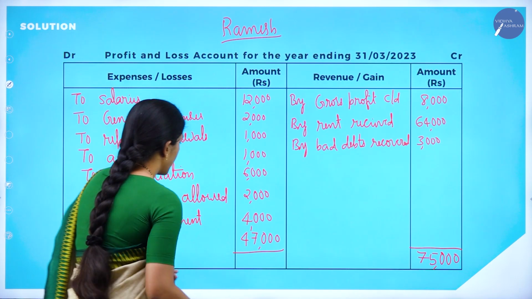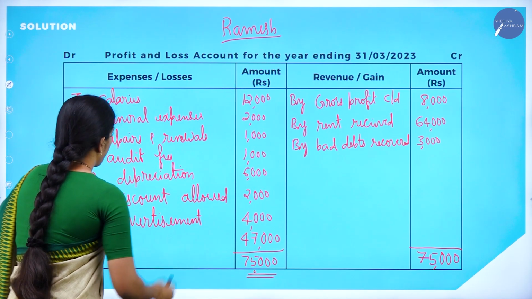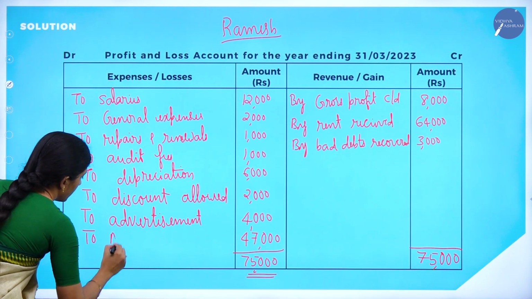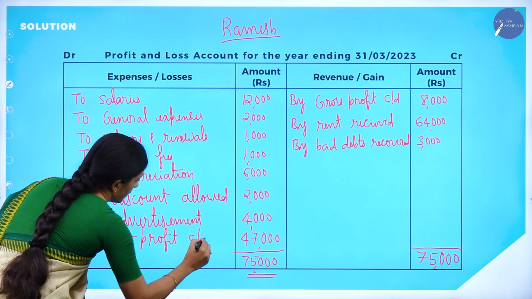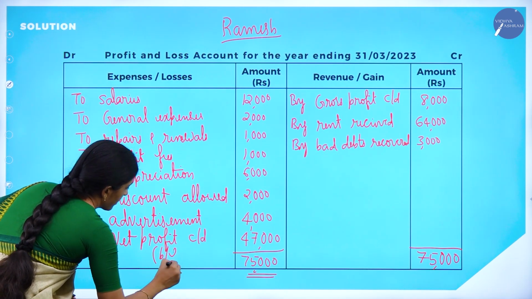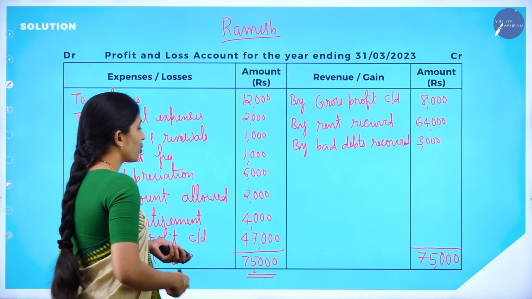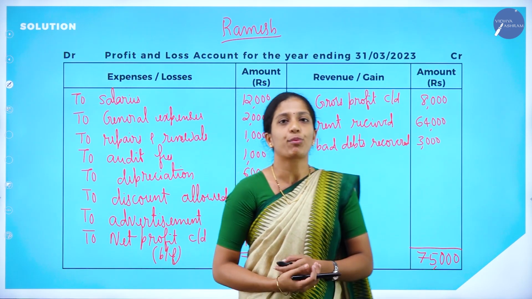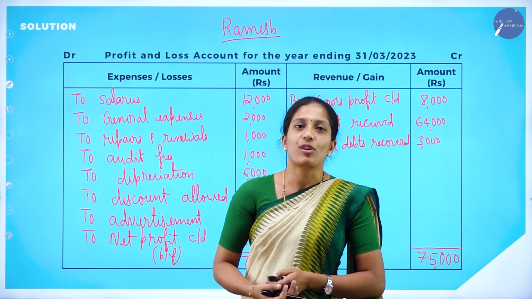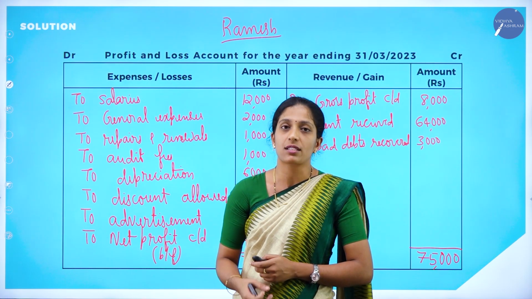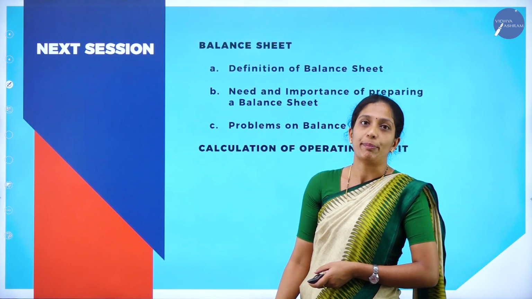So yes, total is 75,000. So what is the balancing figure you got? To net profit carried down, and this is the balancing figure. So let's see whether it is correct. Yes, so 47,000 is the net profit which you have to carry down for your balance sheet. So hope you are clear about this problem, a simple problem for 6 marks. You can go through the problem here. So in my next session, we shall discuss the balance sheet.